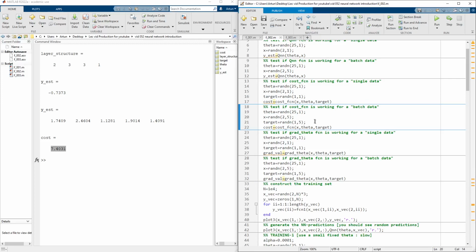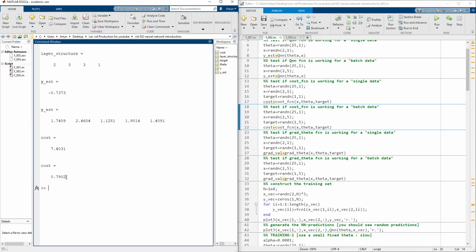We just input 5 x values, and we need to have 5 y estimate values, and we also have 5 target values, and by using those 5 model outputs and 5 target values, we will compute the cost.